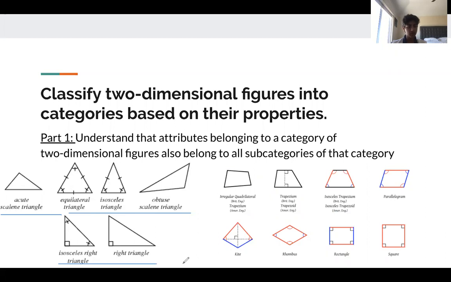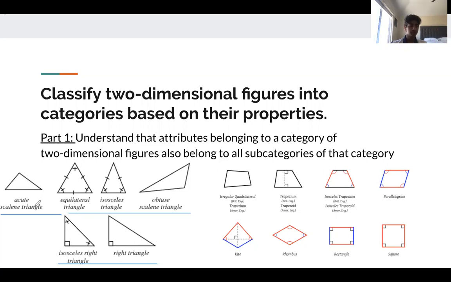But something else that we have to understand is that although each of them all have three sides, that's what it's saying: attributes belonging to a category of two-dimensional figures also belong to all subcategories. So since all of these triangles have 3 sides, they all belong to this category called triangles. But in addition to that, there are specific types of triangles in that big category, those specific subcategories.